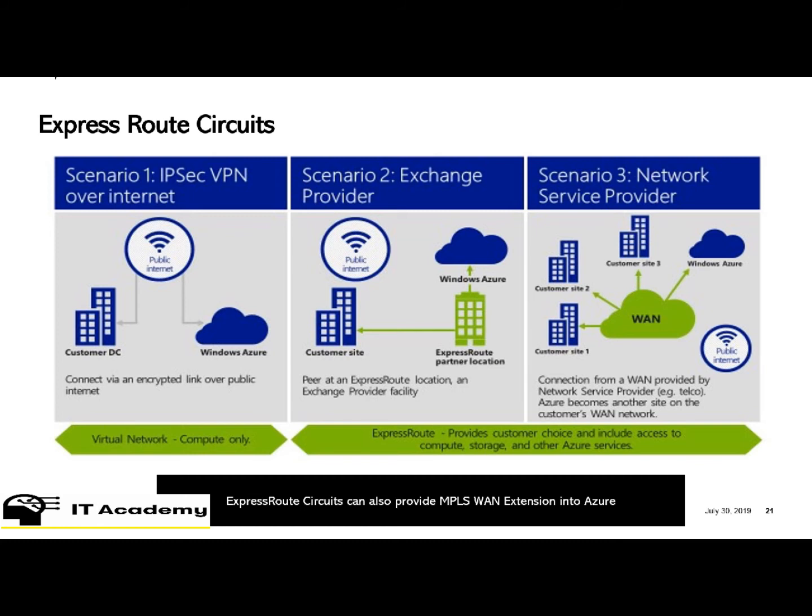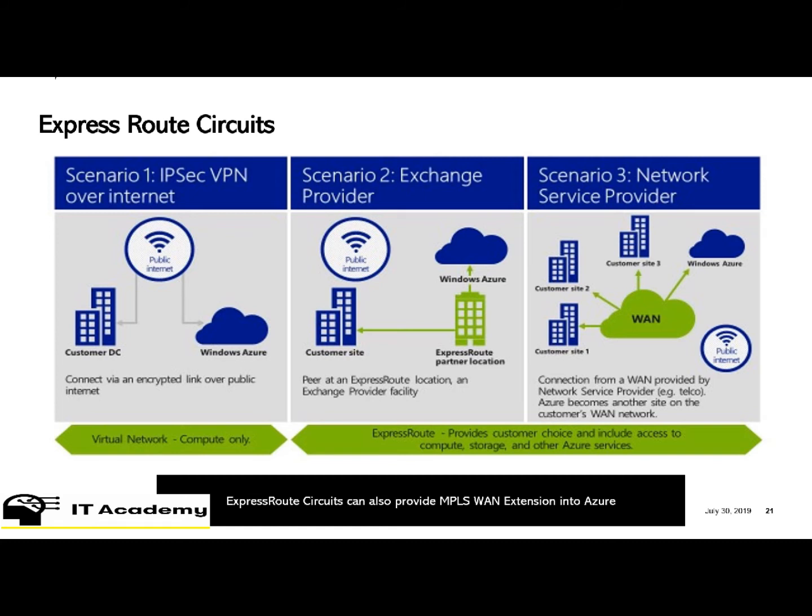The first Azure provider scenario is called the exchange provider. Here, our express route circuit provider provides a dedicated connection from our physical premises or data center into their partner location, which is usually like an exchange type location. Then from that exchange connection, they have a dedicated circuit that they share with us into the Windows Azure Edge network.